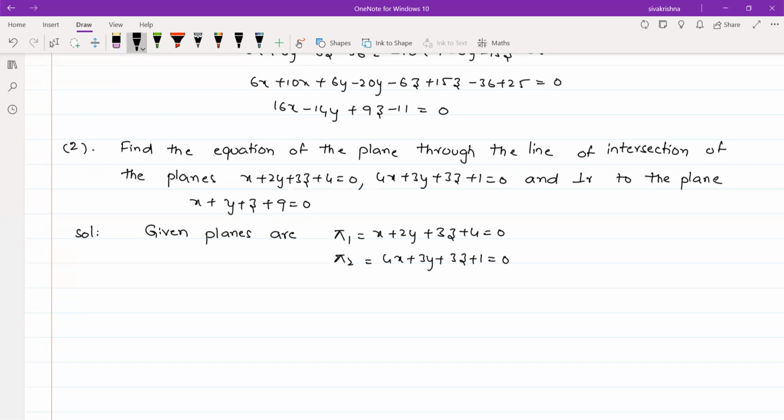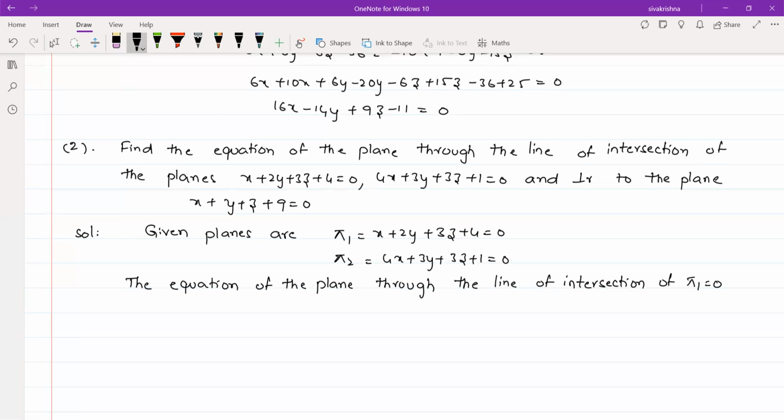So once again I am writing the definition, that is the formula, that the equation of the plane through the line of intersection of pi1 is equal to 0 and pi2 is equal to 0 is pi1 plus lambda into pi2 is equal to 0.